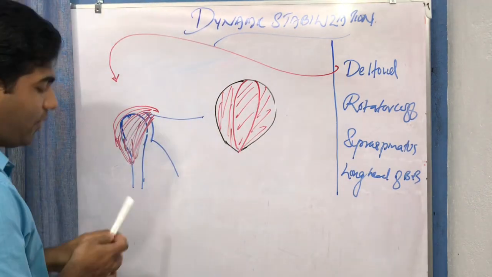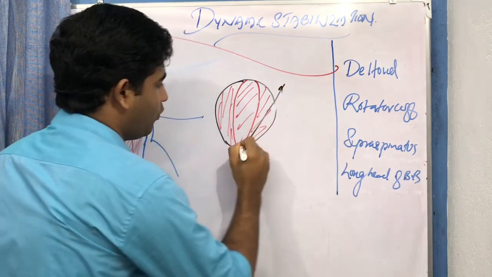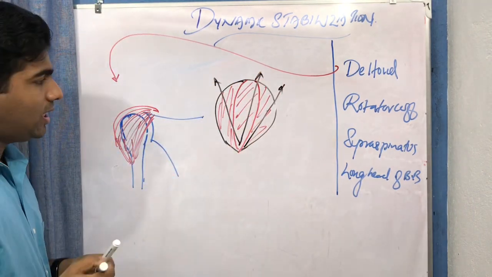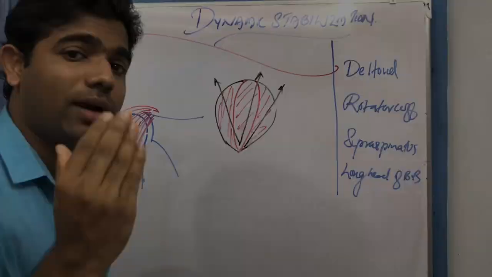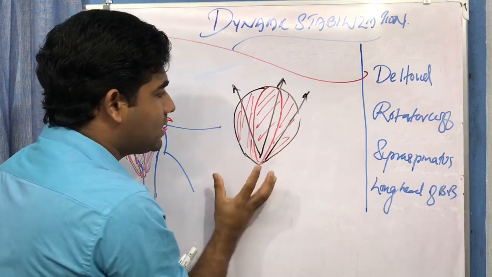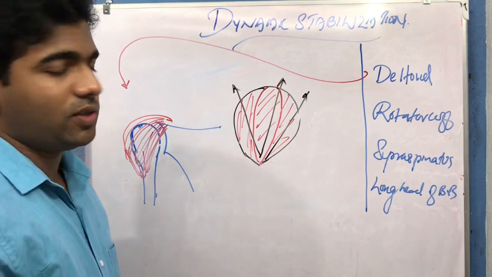So we have a force vector produced by the anterior fiber, by the middle fiber, and by the posterior fiber, but completely we can consider it as a force produced by the middle one, or the force of anterior, middle and posterior will sum up to be in the direction of the force of the middle one.